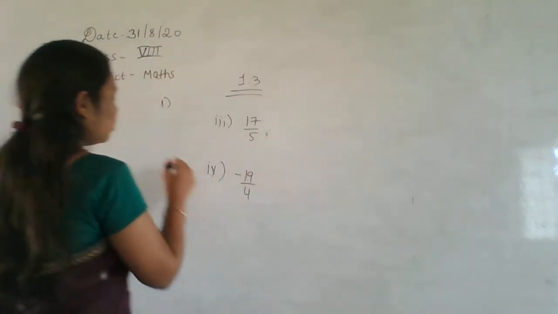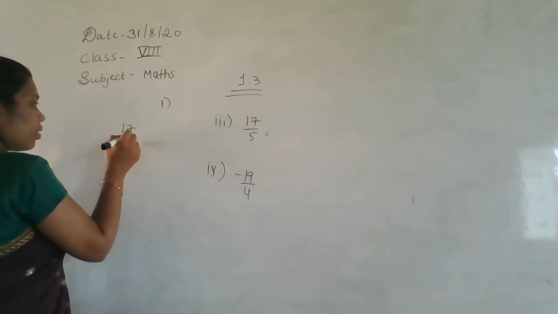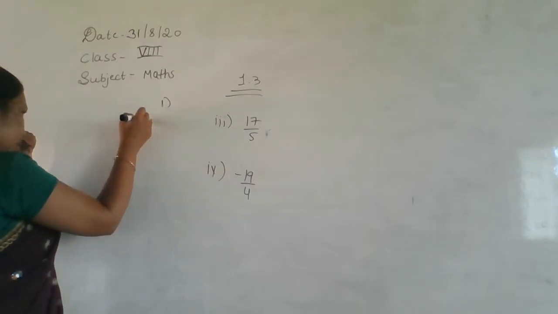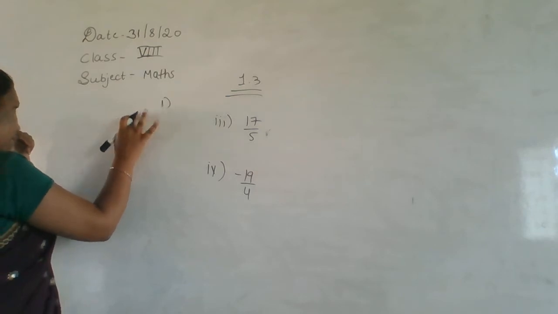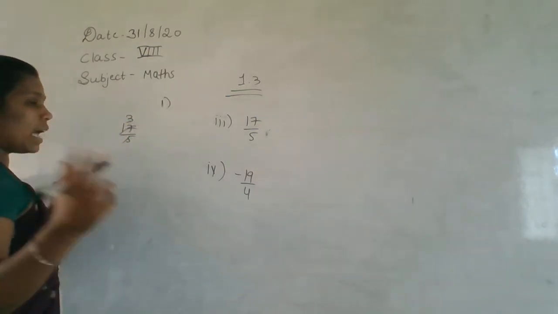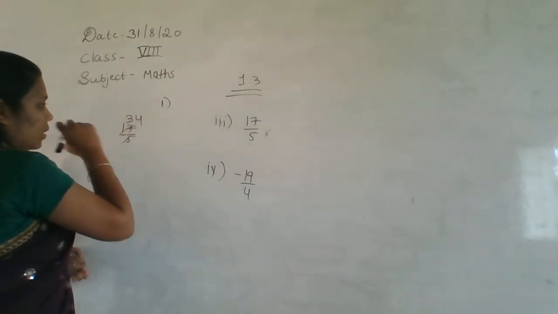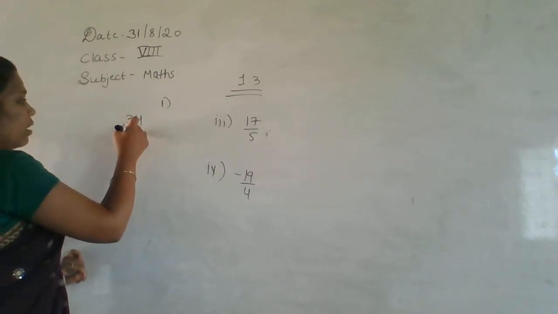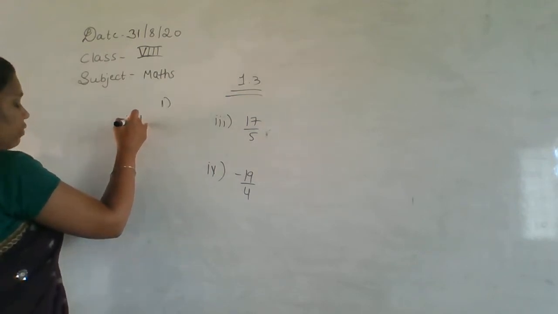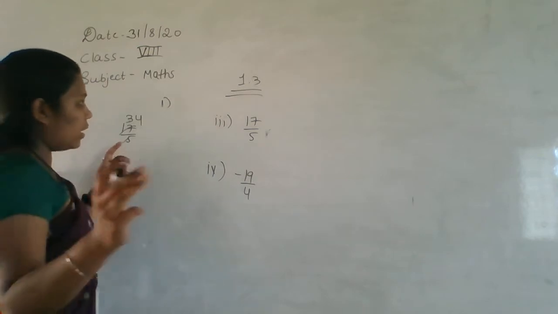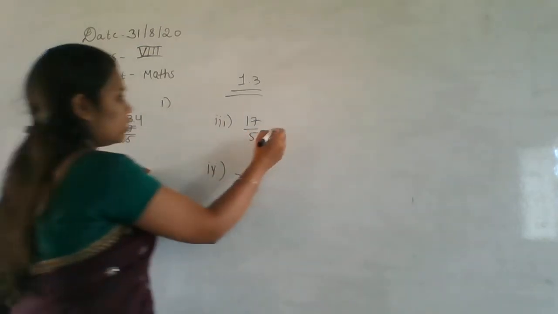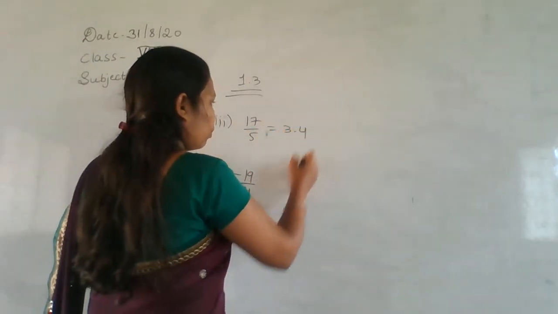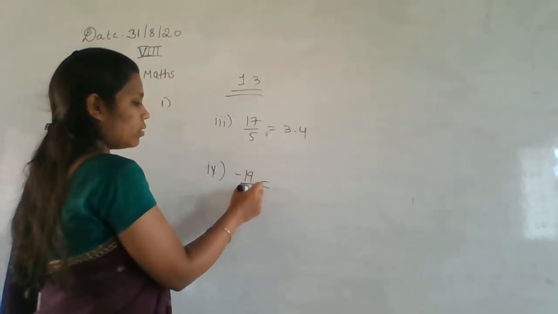See, do the division. 17 by 5. 5 3s are 15. 2 carry, and we'll take a point, right? So this is equal to 3.4.